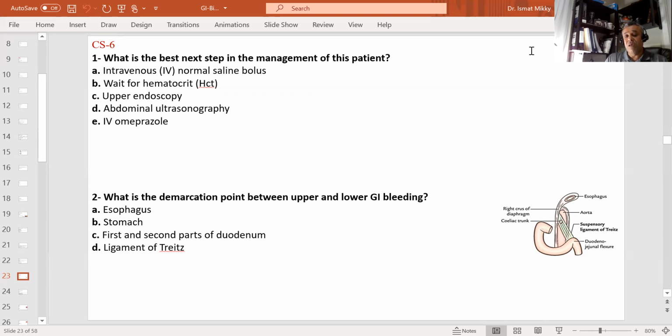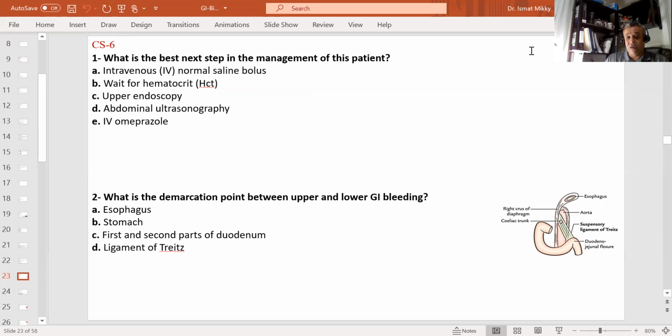Because significant loss of blood will result in severe anemia, and it will lead to ischemia and ischemic changes. Myocardial ischemia would be expected, and that could result in death of the patient. So the answer would be the IV.